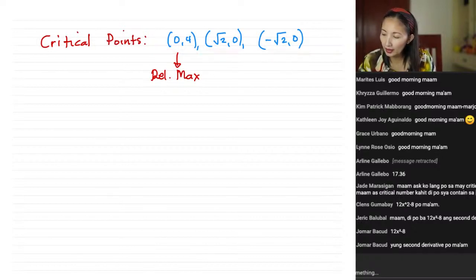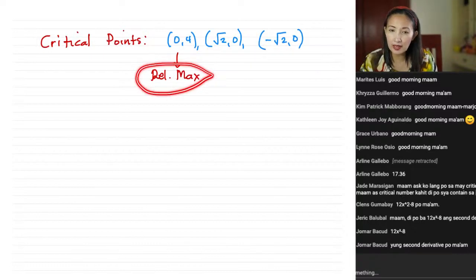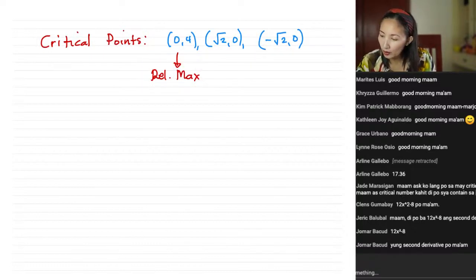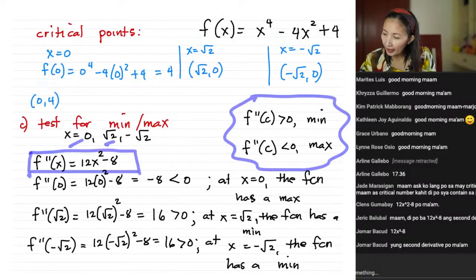Why did we say that this is the relative max? That's from the second derivative test. How about the second point? f double prime of square root of 2, what did we get? It is 16, which is greater than 0.